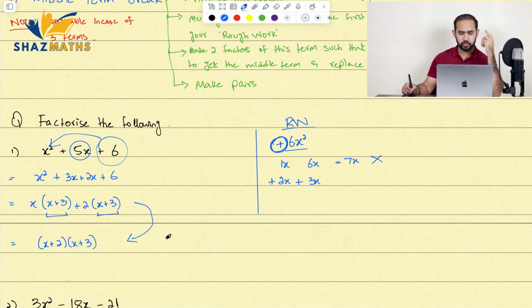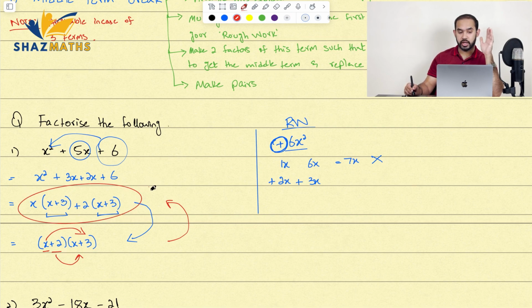If we are going from this step to this step, if we are expanding the expressions, what you would actually do is multiply this x with both of these terms. That means x times x plus 3, and then you will multiply plus 2 with both of these terms. That would be plus 2 times x plus 3. Have a look here. This is what is being done in this step, right?